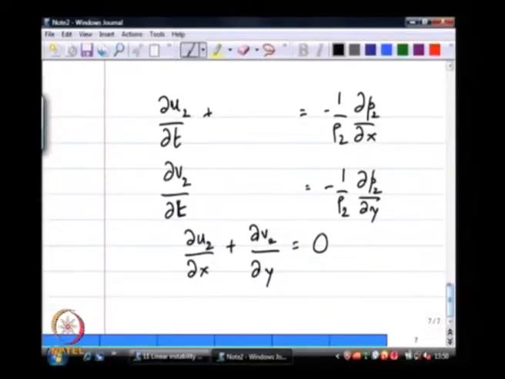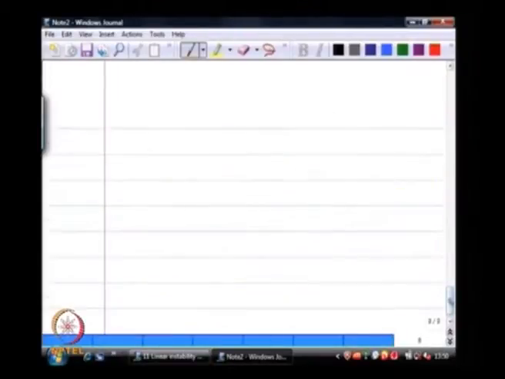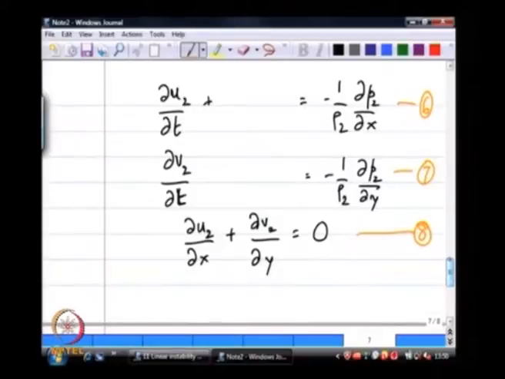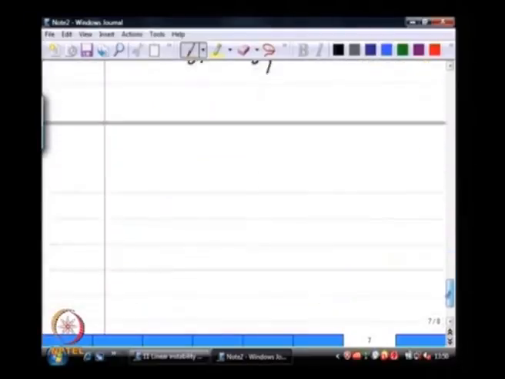it is easy to show. So, let me number these. If I take the derivative of 6 with respect to x, the derivative of 7 with respect to y, and add them up using 8, what do I get?